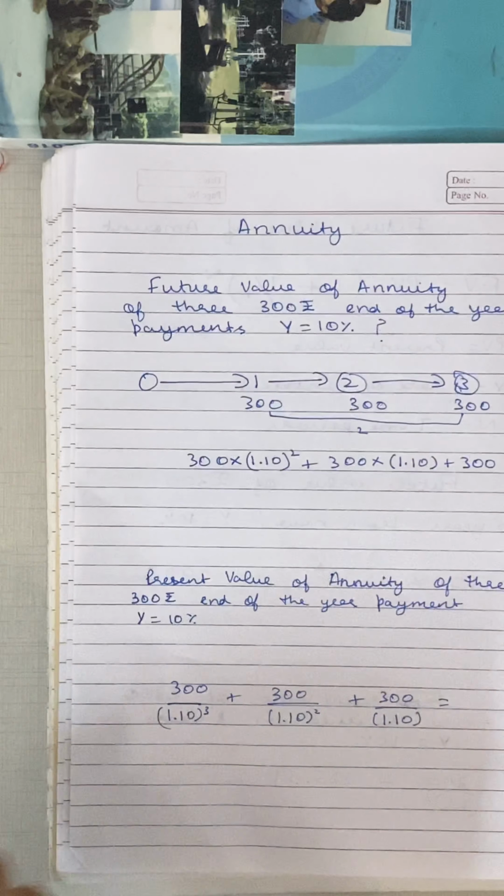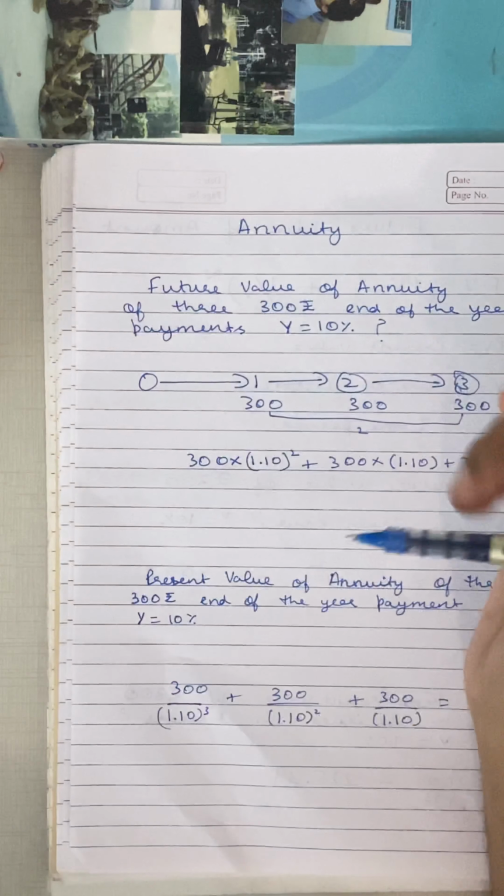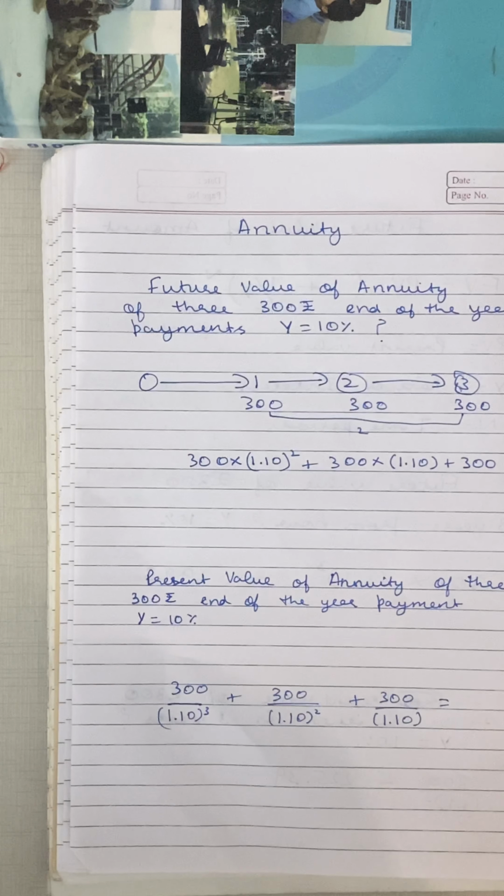Second, our next concept is the annuity. Annuity is a stream of equal cash flows that occurs at equal intervals.